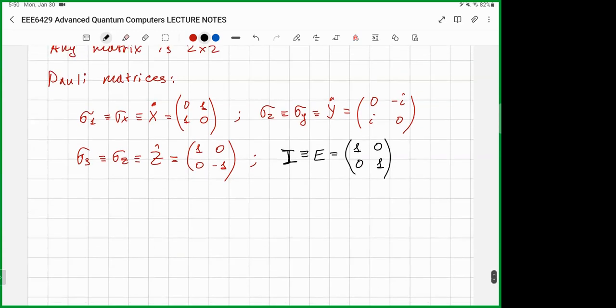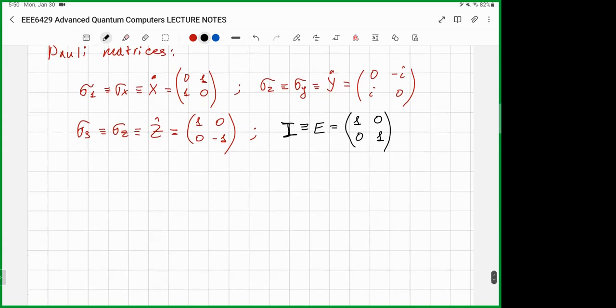So why are these matrices so important? Well, there is a theorem that says that you can represent any operator in the two-dimensional Hilbert space using only these four matrices, the identity plus the three Pauli matrices.